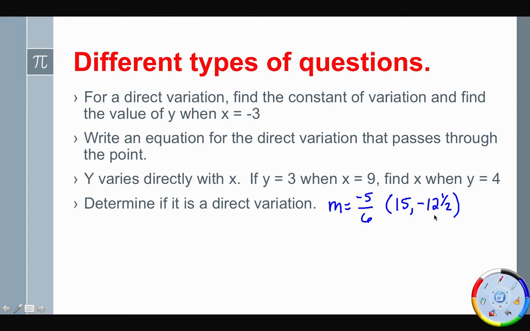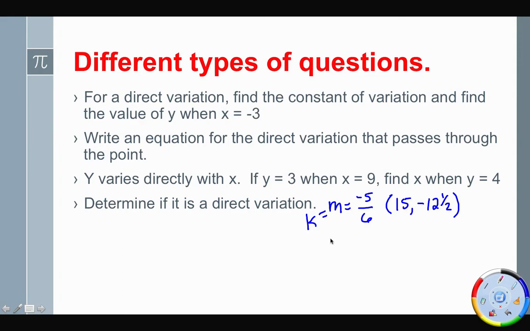If it's a direct variation, the m has to equal a k value, and the k value has to be y divided by x. So I need to determine, is -5/6 the same thing as -12.5 over 15?